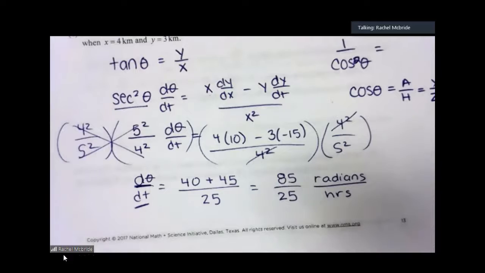Your AP test in here is in a week and like 4 days. So what I want you to do, again, I'm giving you a half a point just for doing it, and a half a point for getting it correct. So I'll pass those packets out to you in 1 minute. I'm getting them all stapled for you.